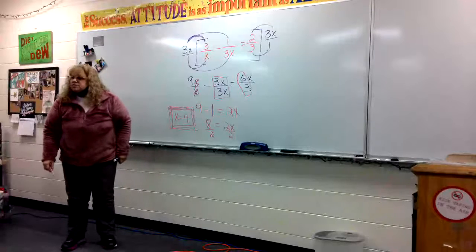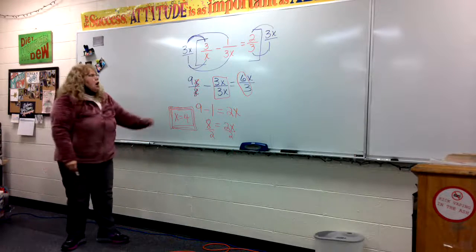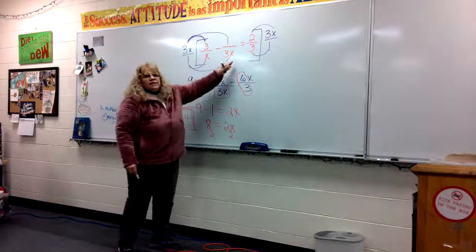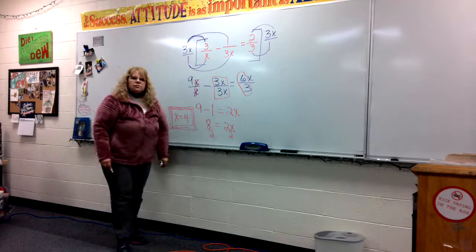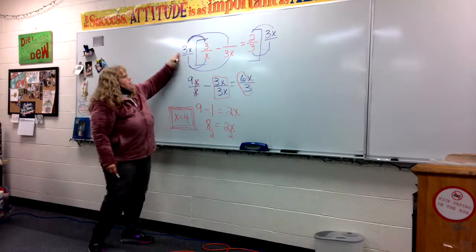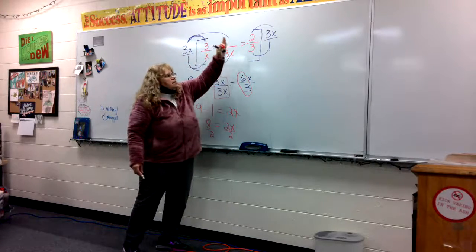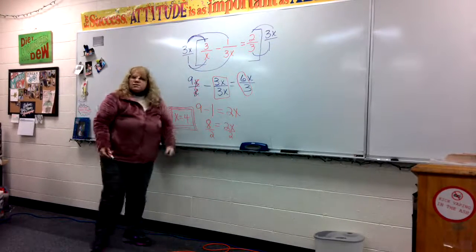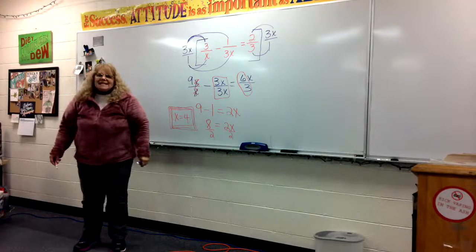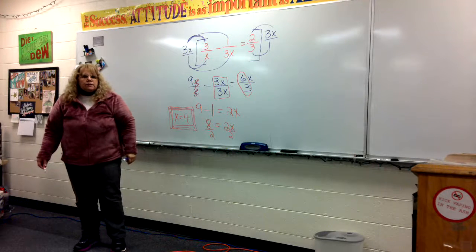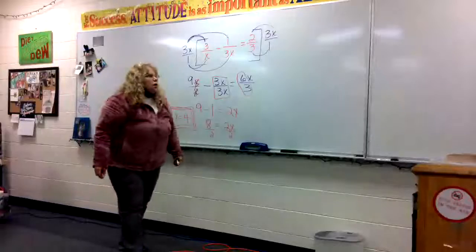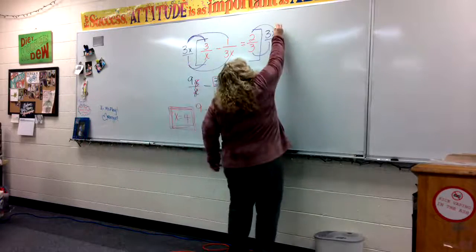Does that make sense? I think the hardest part is just going to be deciding what your common denominator is. Once you get the common denominator, you have to multiply both sides, every single term, by the common denominator. Easy, right? Questions so far?